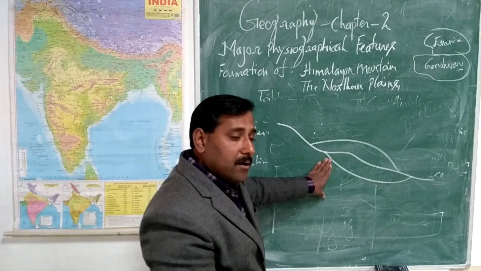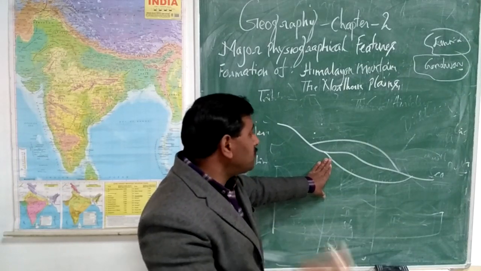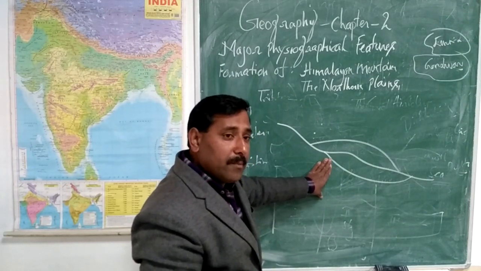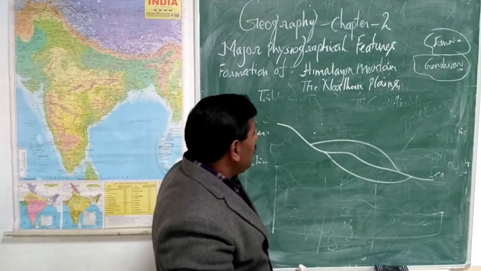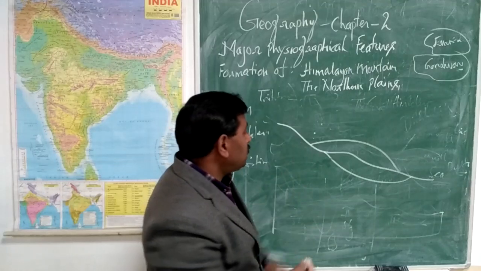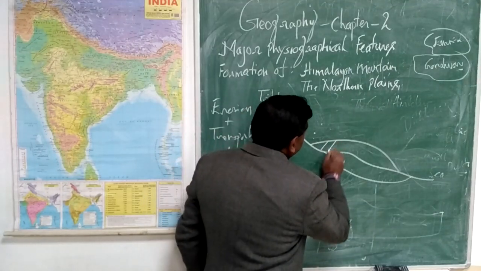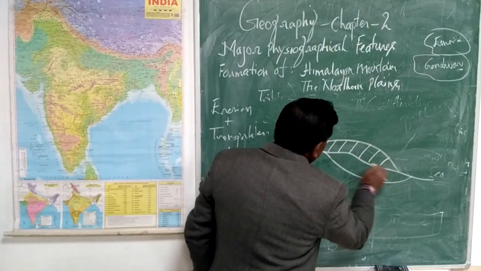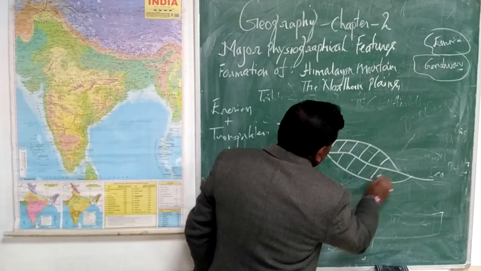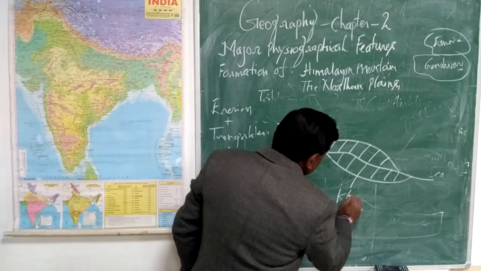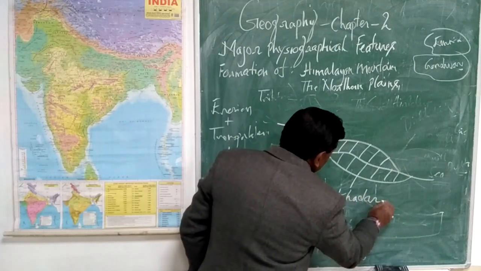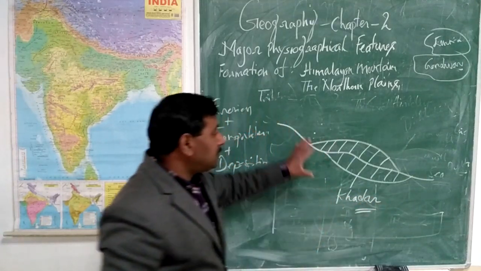Materials they are depositing on the land surface of the riverbeds, the new deposition of the soil near the riverbeds, this is known as khadar. Why we are discussing this?